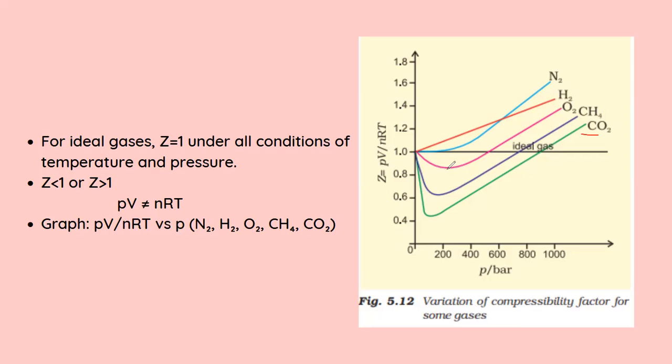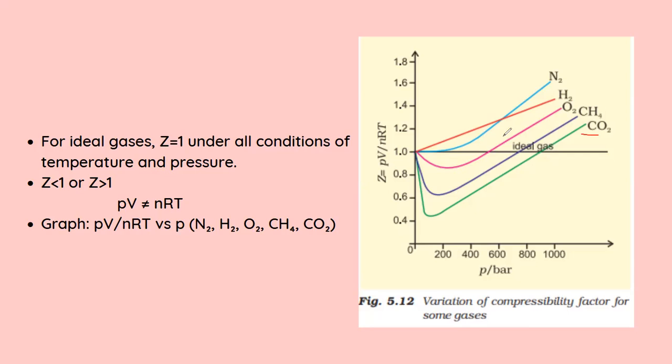This minima is showing us that at these conditions of pressure, these gases are first going to be more compressible, and then as they cross the ideal gas line, where Z is greater than 1, they will become less compressible.